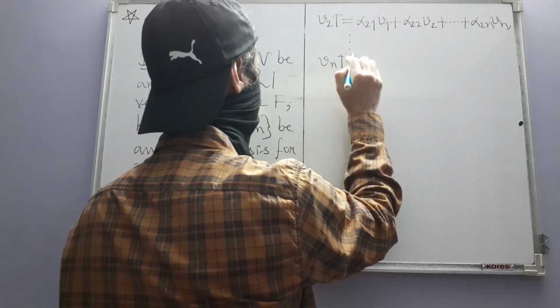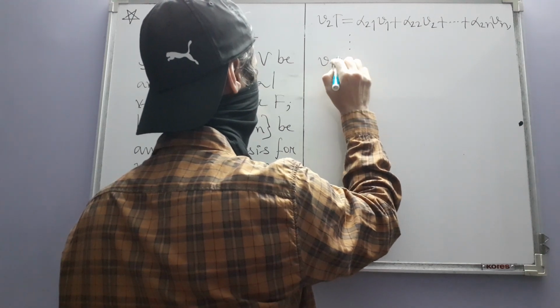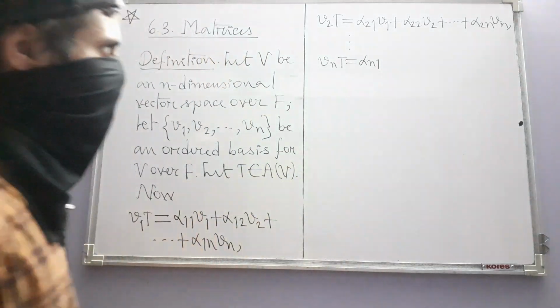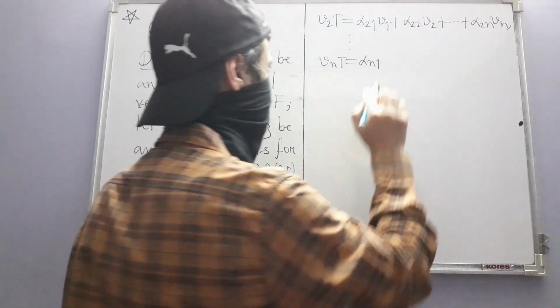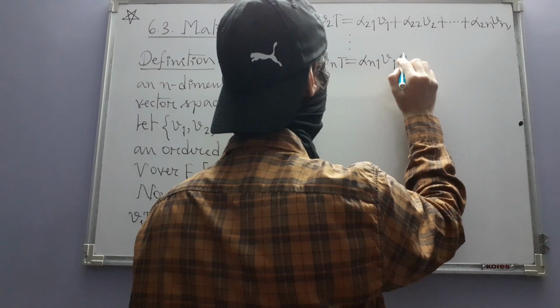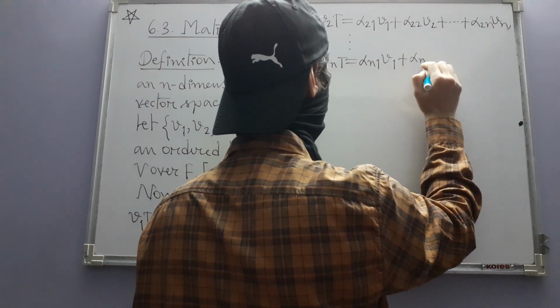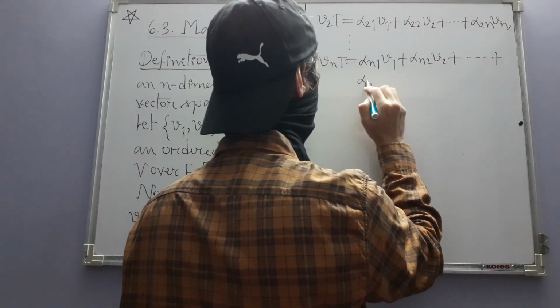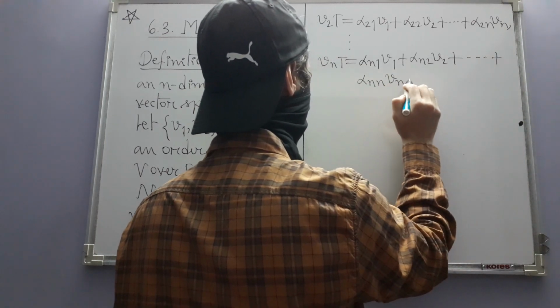And finally, we get to Vnt, and that will be the linear combination alpha n1 V1 plus alpha n2 V2 and so on plus alpha nn Vn.